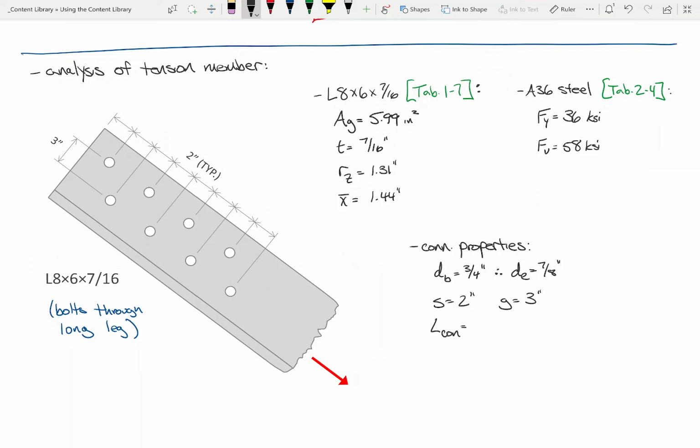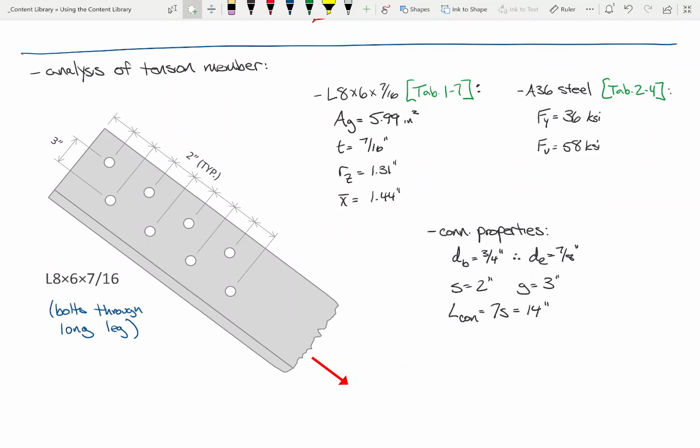So we'll call it 14 inches. I have one other value that I need to make sure that I have for this member.